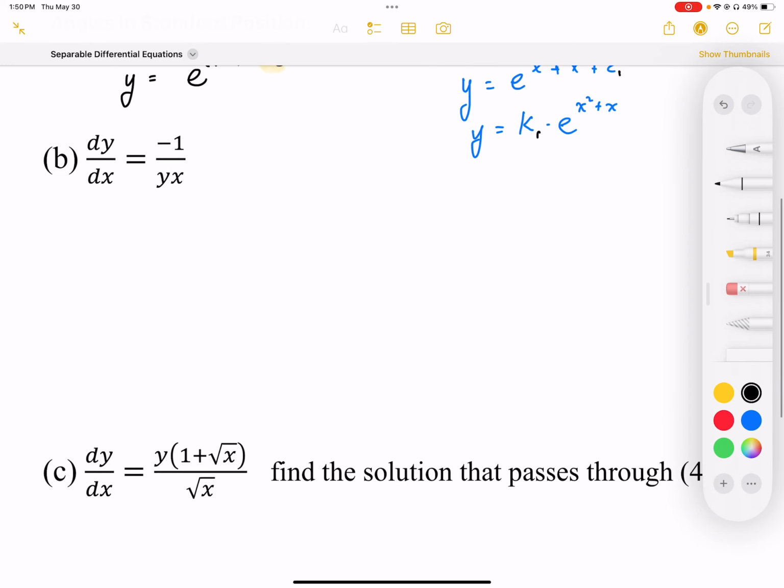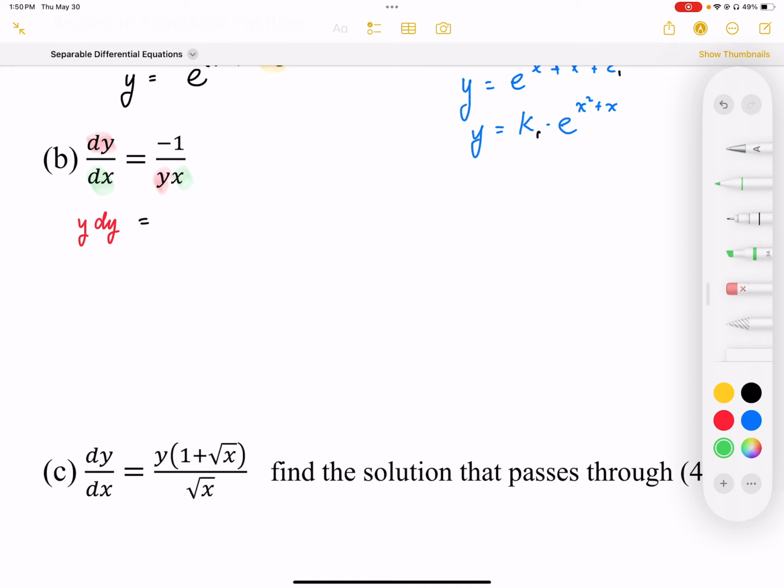So same thing here, we're going to identify the y's and group the y's. We're going to put the dx with the x. That constant can go on either side. I'm going to end up with y. That becomes times on the left side. Again, watch your algebra when you're doing this.